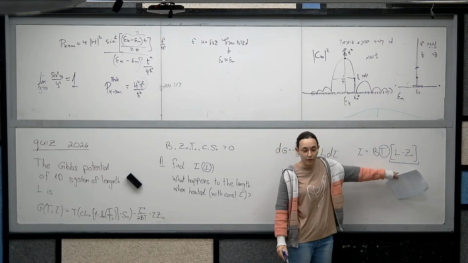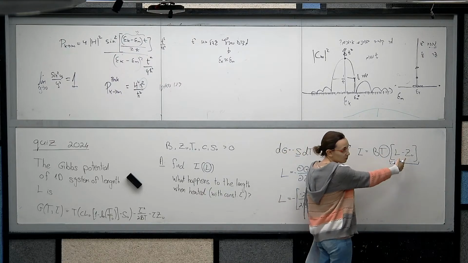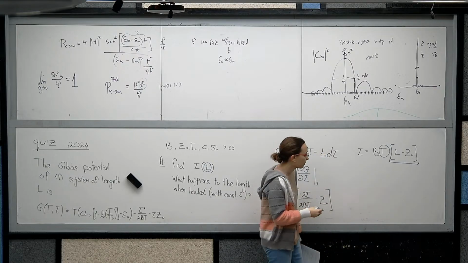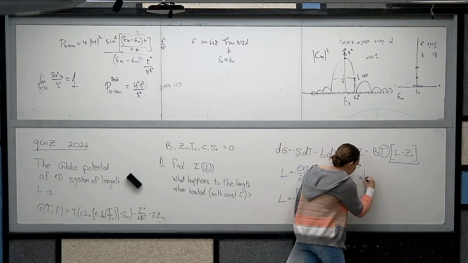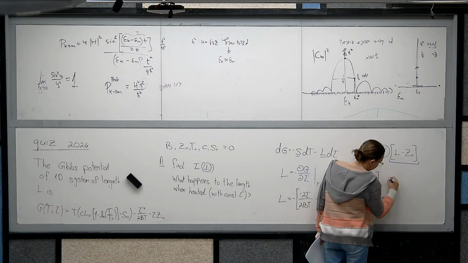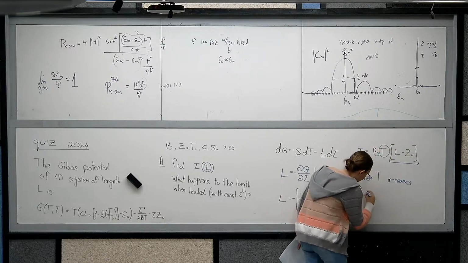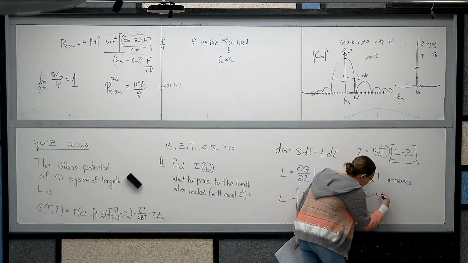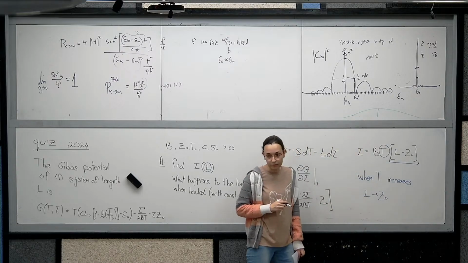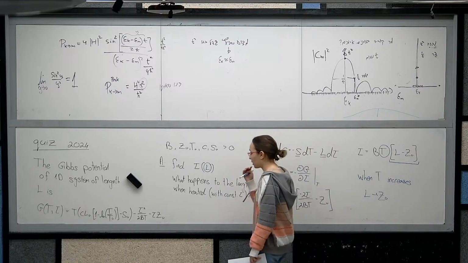So when T is increased, L minus Z0 decreases. So when T increases, L goes to Z0. So L is getting smaller.